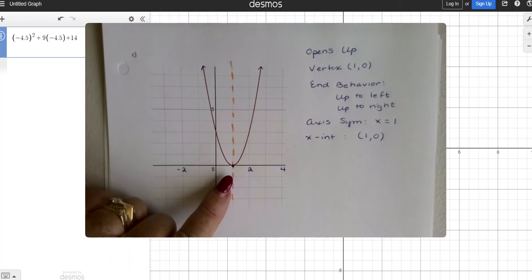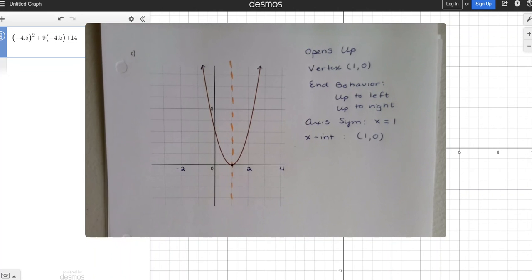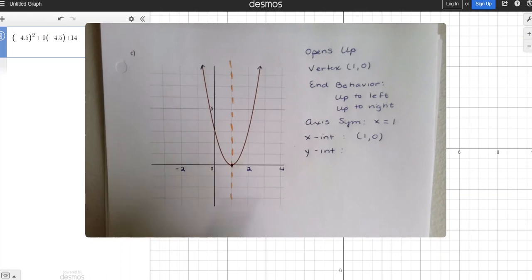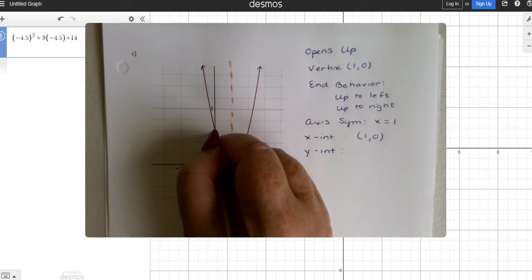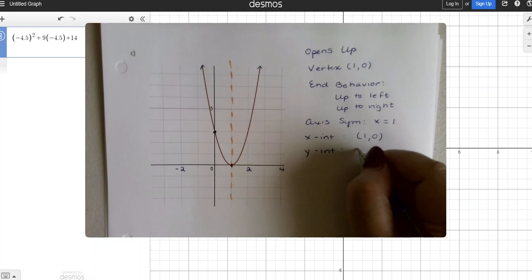And notice that when there is only one, just like we saw before, it's right at the vertex. The y-intercept is here. Looks like 0, 3.